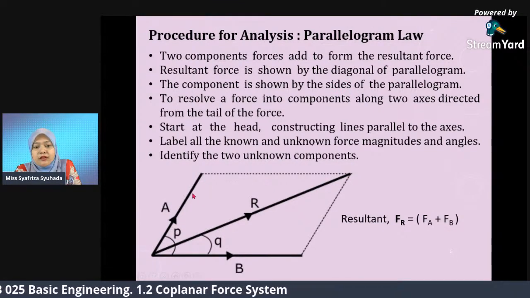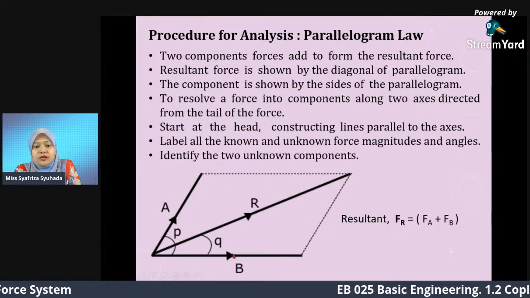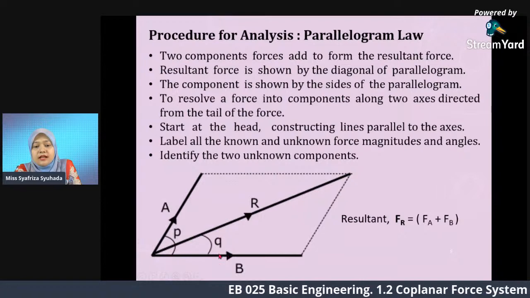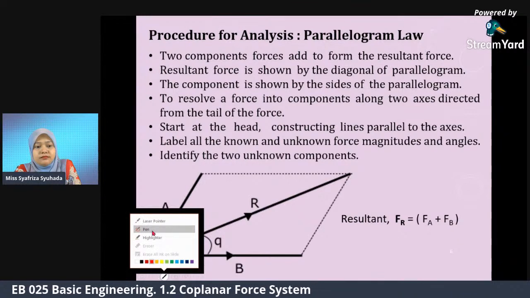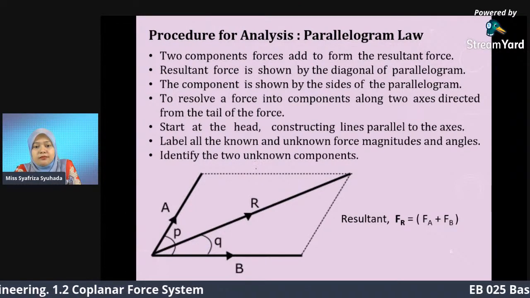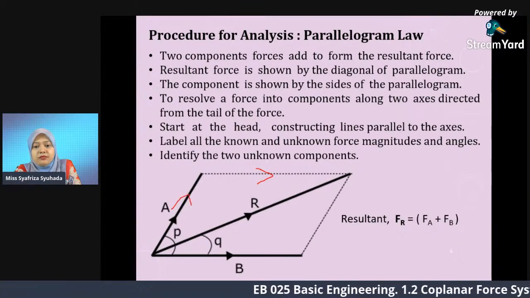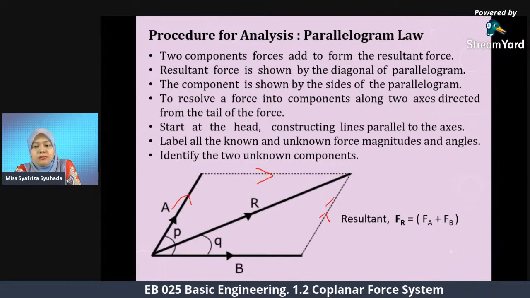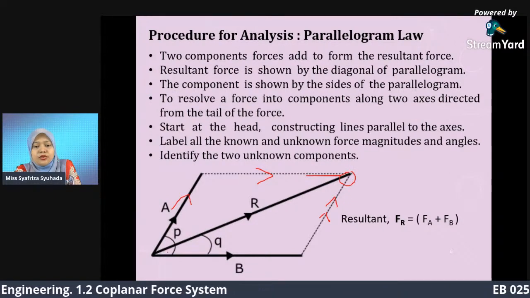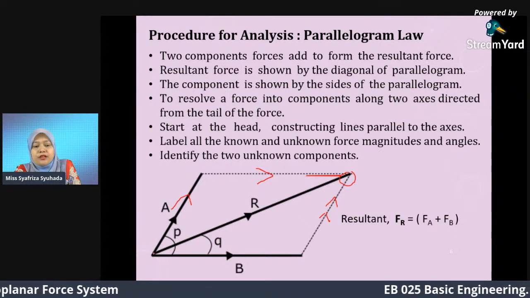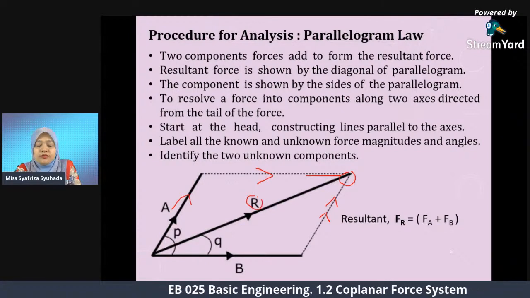For example, we have force A and we want to add it with force B. First we draw a parallel line for B, and then a parallel line for A, and they will meet at one point. Then we draw a line R from point 1 to point 2. So this is the resultant force.